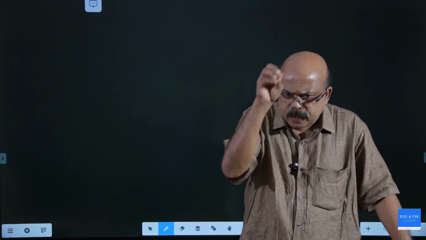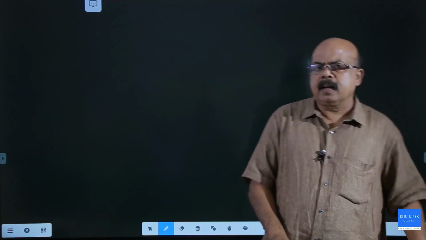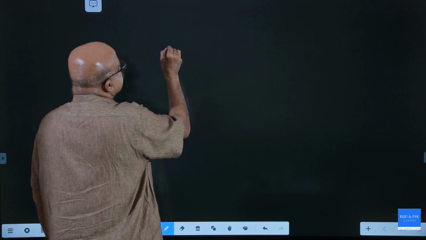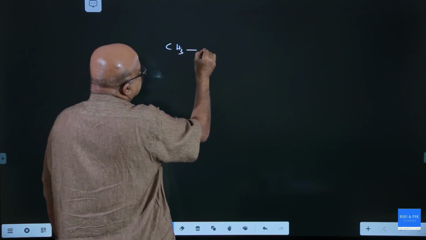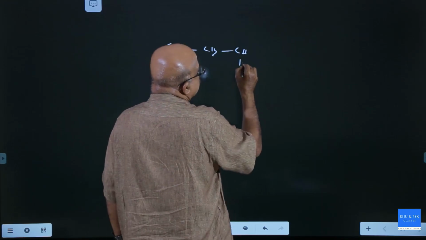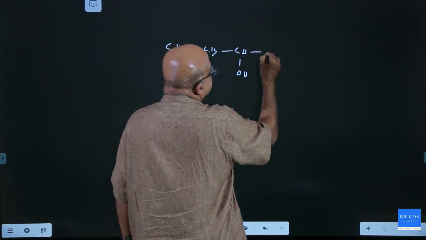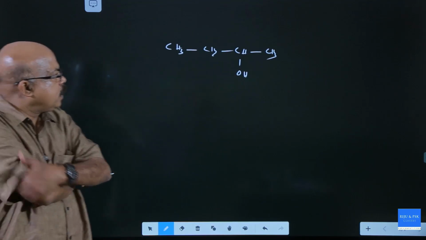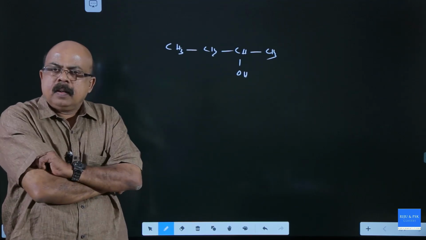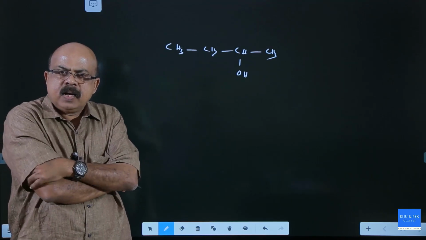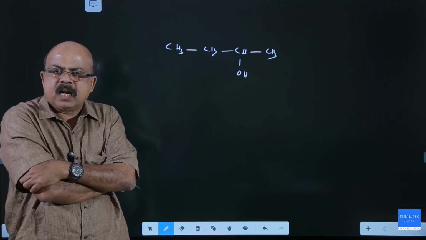gets lowest possible number. So here, it is a 4 carbon hydrocarbon. It is a hydroxy derivative. Here OH group is the functional group.